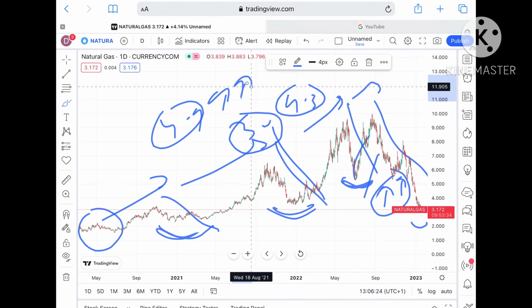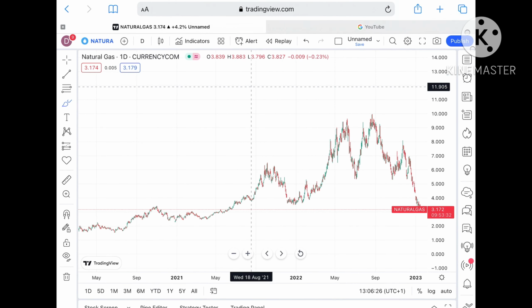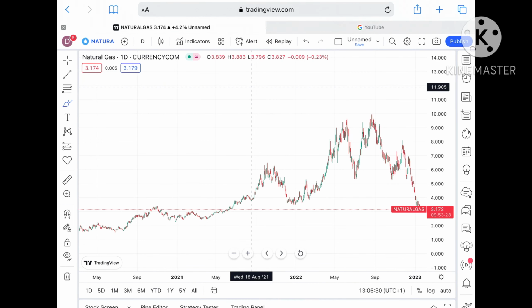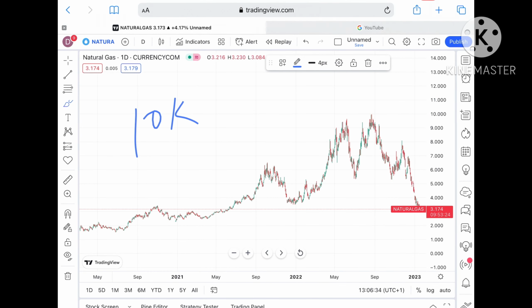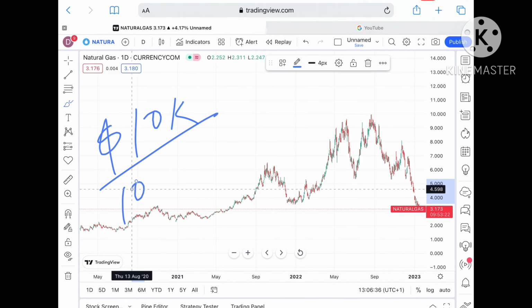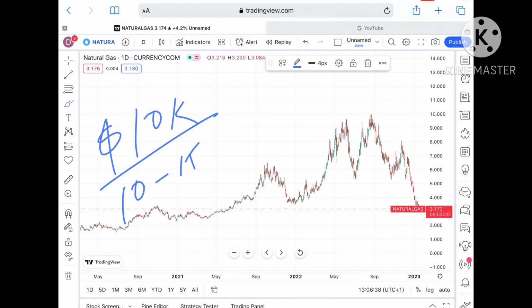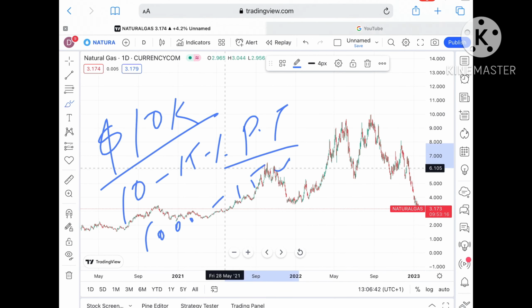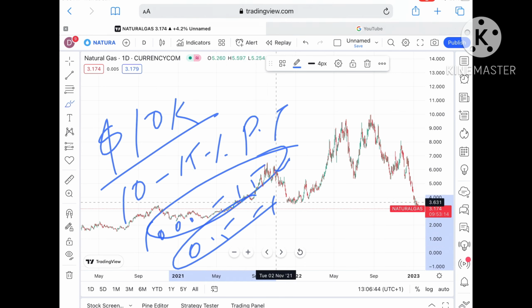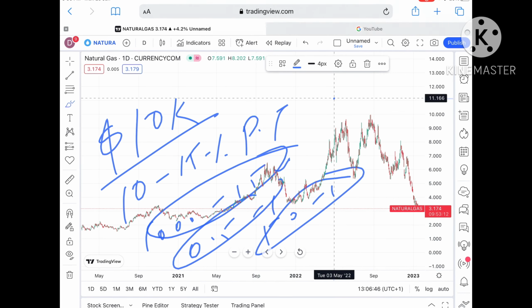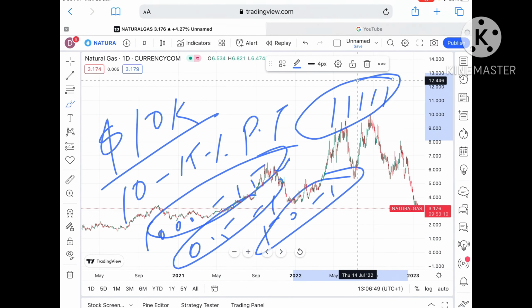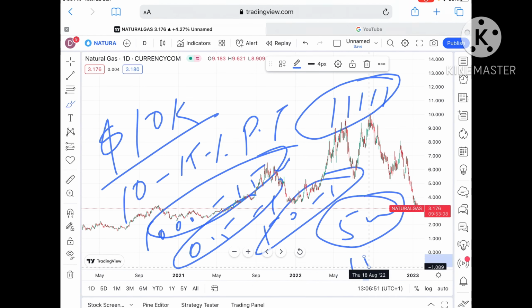Now understand something. Most people lose money in trading, so you should follow certain rules which I teach in my workshop. I'll tell you here that if you are trading with $10,000, try to trade with 10 to 15% of capital per trade, that is 1000 to 1500. Now a risk of 0.5 to 1%, that is $50 to $100. Suppose you took 5 trades, the maximum risk is $500, that is 100 per trade.